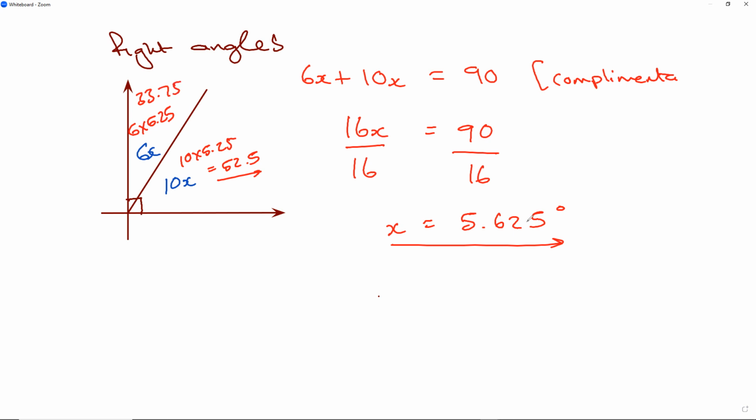All right, let me just double check that, right? So we got 90 divided by 16, 5.625. If I multiply it by 6, 33.75. And if I take 5.625 and multiply it by 10, the decimal moves to the right, becoming 56.25.